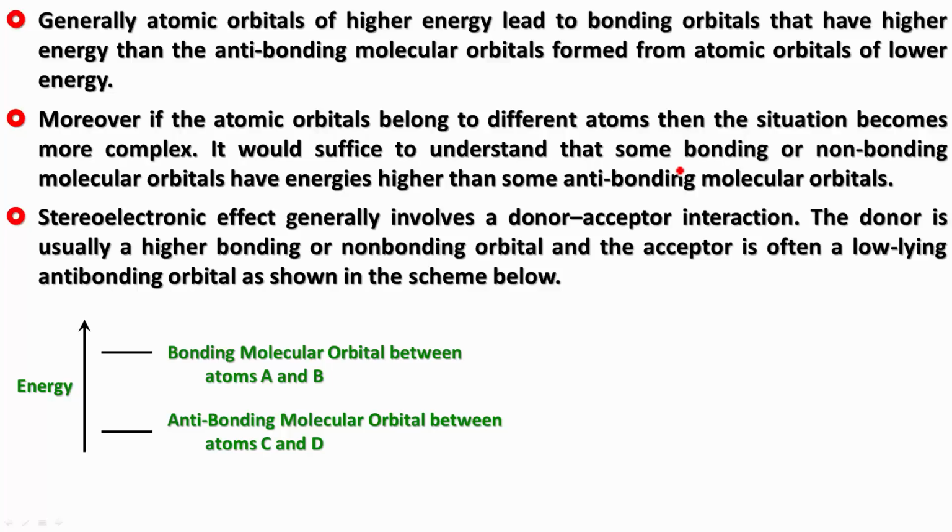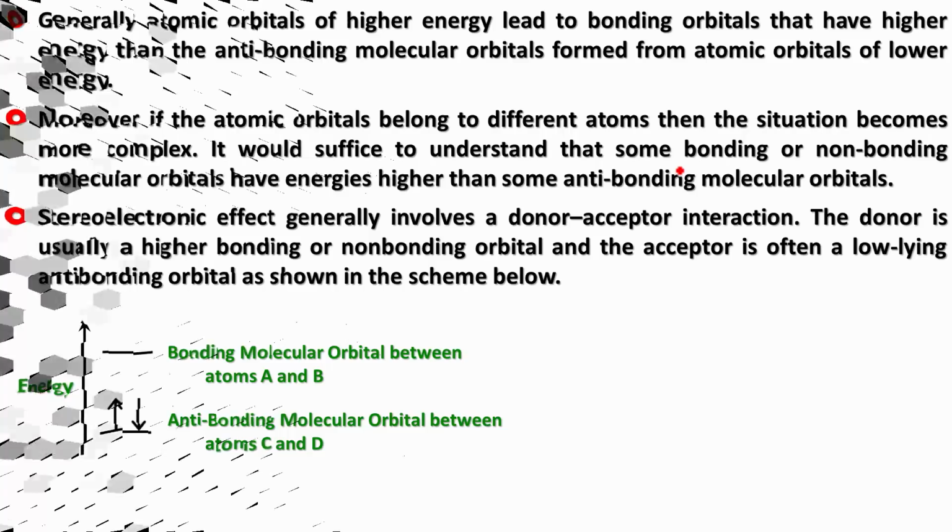And if the anti-bonding is empty and the bonding is filled with electrons, then it makes sense. And if they are alternate, conjugated, then resonance will happen and the electrons will flow from the higher energy to the lower energy. And that would make the molecule more stable. This is stereoelectronic effect. Now let's understand how this stereoelectronic effect works in Baeyer-Villiger oxidation.